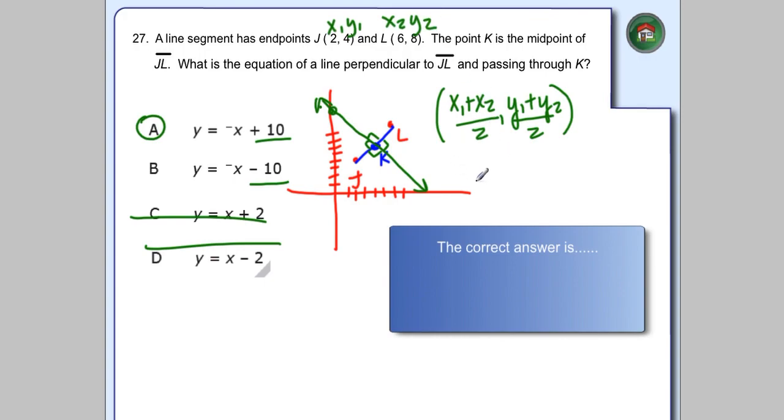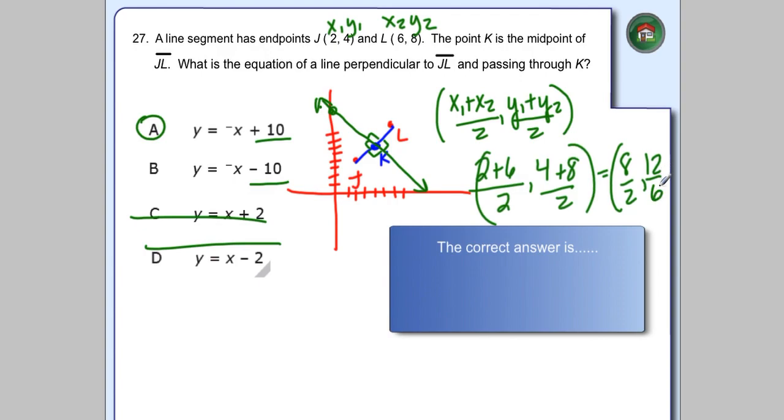So you would do 2 plus 6 over 2, and 4 plus 8 over 2, which would equal 8 over 2 and 12 over 2. Oh, let's do that again. That would equal 8 over 2 and 12 over 2. So this midpoint would be 4, 6.